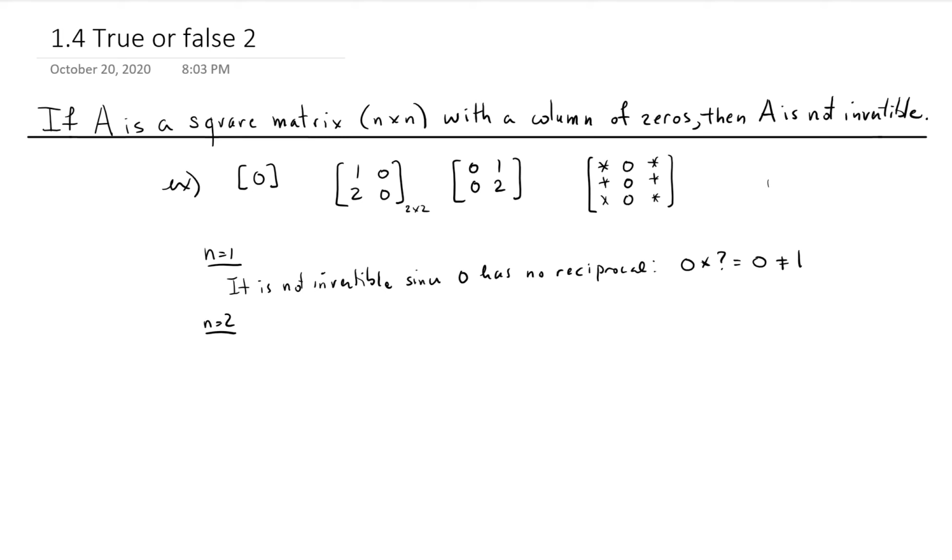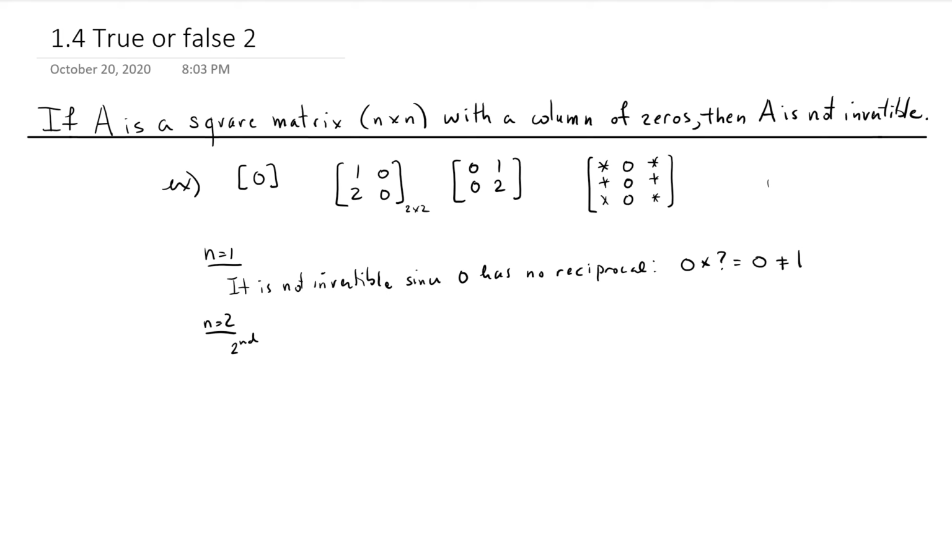If n is equal to 2, maybe we can focus on a specific example. Maybe we can look at the case where the first column has zeros, or maybe the second column, why not? And if we can come up with a reasoning that's general enough, and that can be adapted to matrices that have a different column that has all zeros, then we're good.